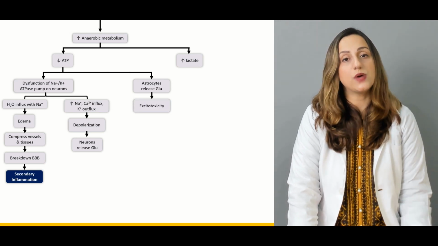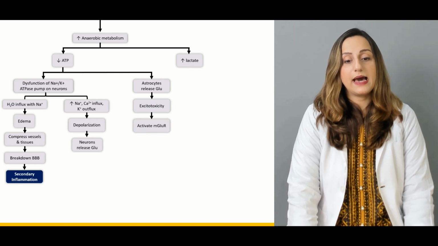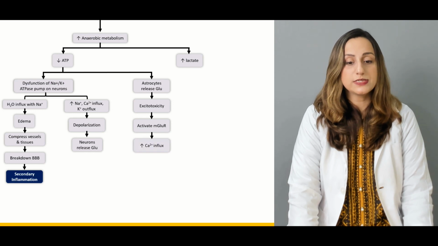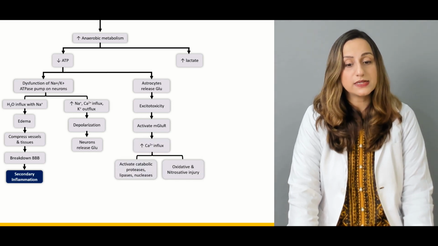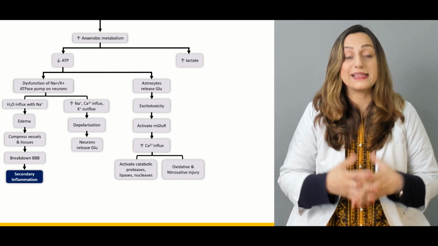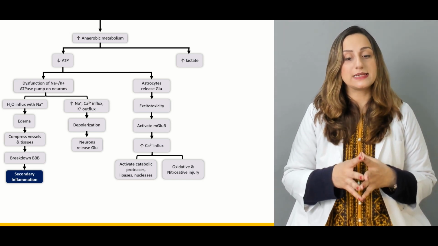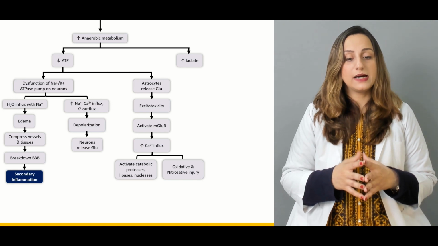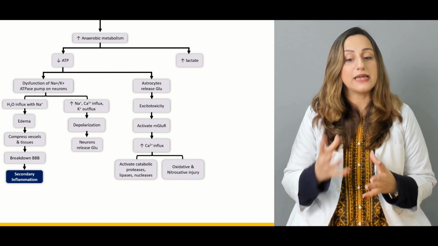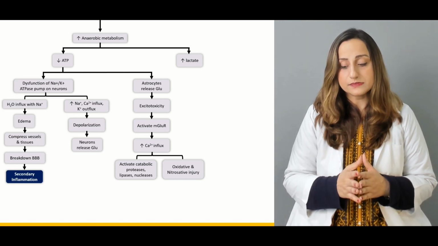Excitotoxicity is going to occur due to this release, as well as there is going to be an activated metabolism of glucose. Increased calcium influx is going to result in the activation of the catabolic proteases, lipases, as well as nucleases. Then obviously what is going to take place are the oxidative and the nitrosative injuries.